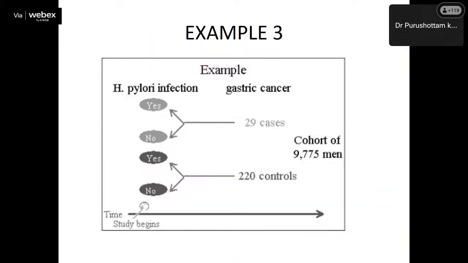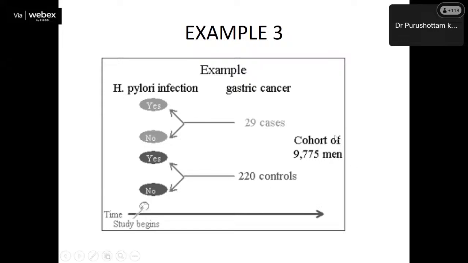Now see, this is the example of a case cohort study. In a study, there is a cohort of 9,775 men. They are all workers in industry, and the study was looking at gastric cancer.